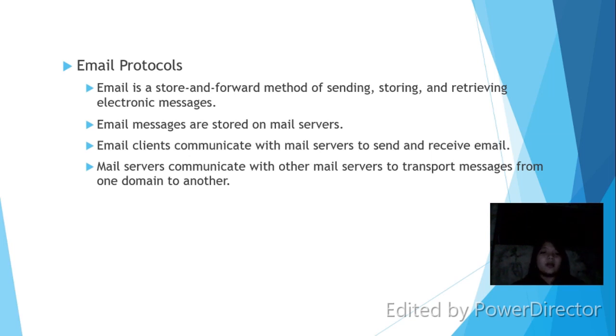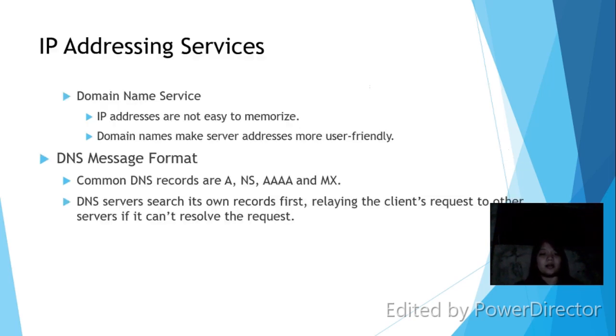We are very familiar with email, and we usually use it to send data to other people. Email messages are stored on mail servers. Email clients communicate with mail servers to send and receive email. Mail servers communicate with other mail servers to transport messages from one domain to another.